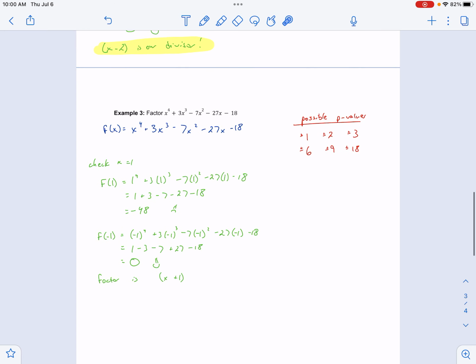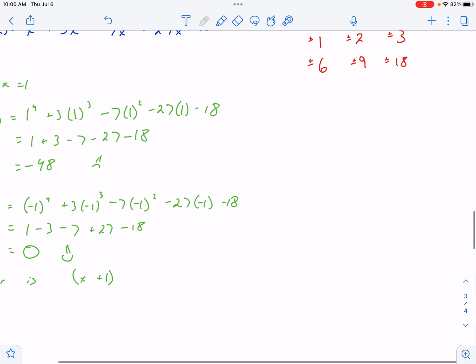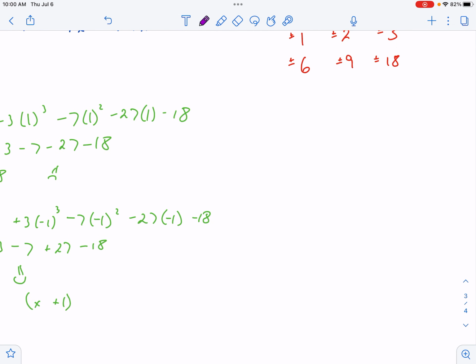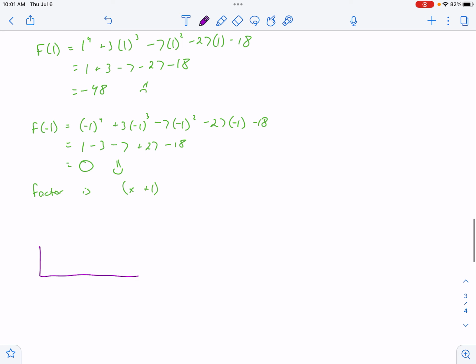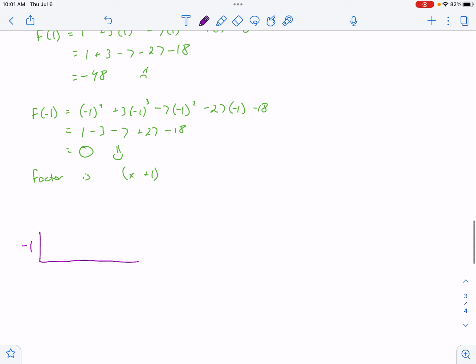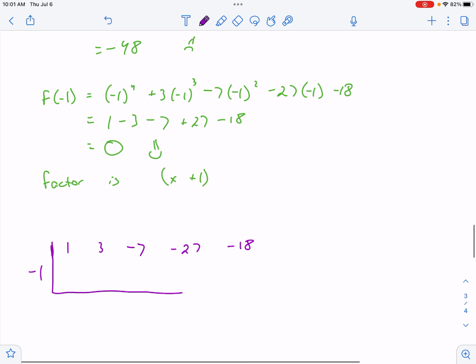Okay, now we divide. And in the interest of space, I'll divide over here. We set up our little table. No, let's do it down here. There's space. So I'm checking negative 1, and the coefficients are 1, 3, negative 7, negative 27, negative 18.